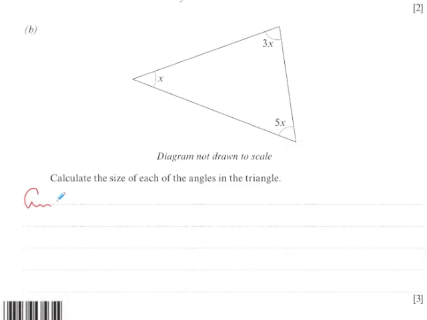So angles of a triangle equal 180 degrees, which is equal to x plus 3x plus 5x.